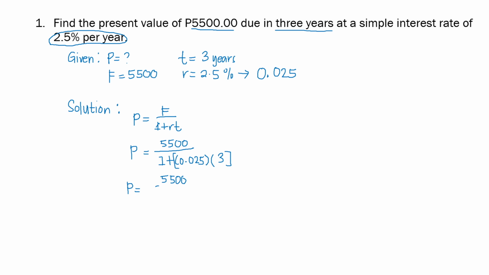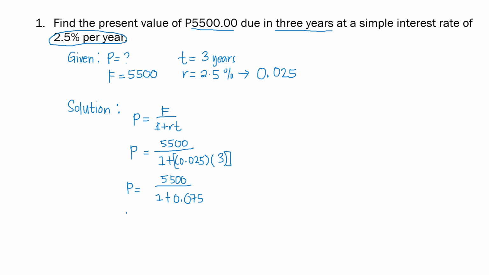So 5,500, copy 1. So using your calculator, let's solve for 0.025 times 3 is equals to 0.075.